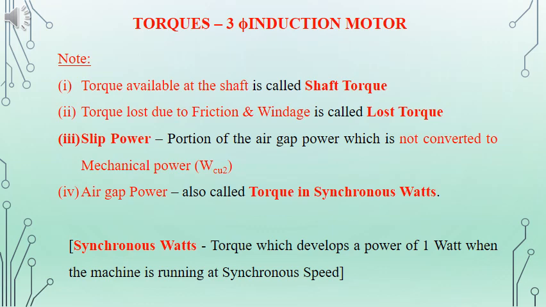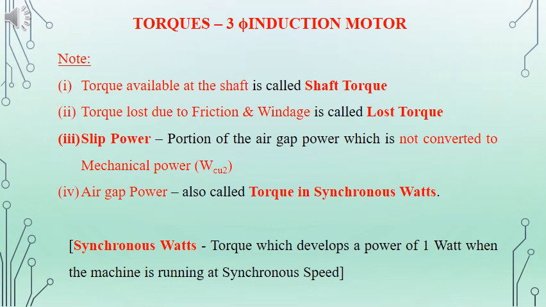The shaft torque means the torque that is available as the actual output from the machine, and the lost torque is the torque or the power that is lost due to windage and frictional loss, or mechanical losses.